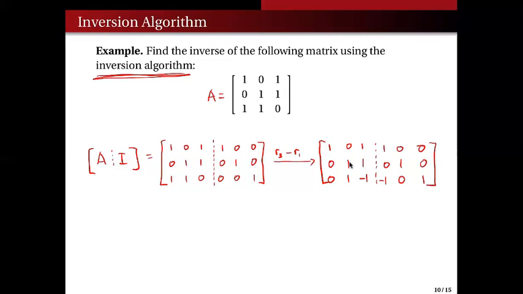This is already a leading one. So we want to make the entries below this 0, which means we will apply row 3 minus row 2.